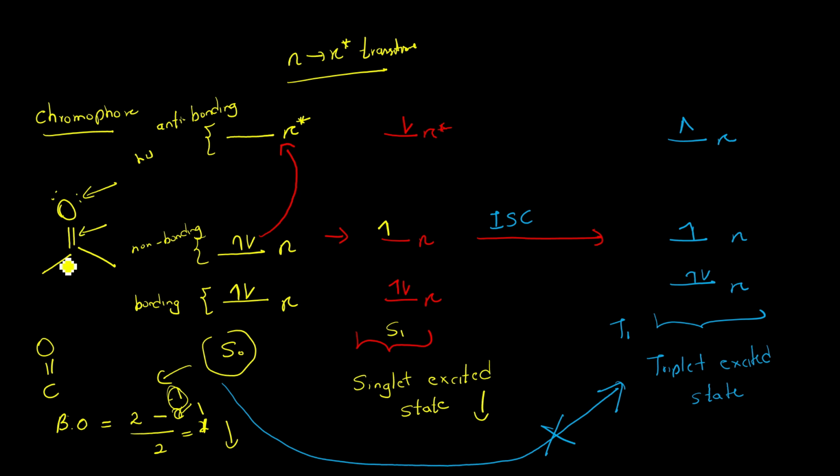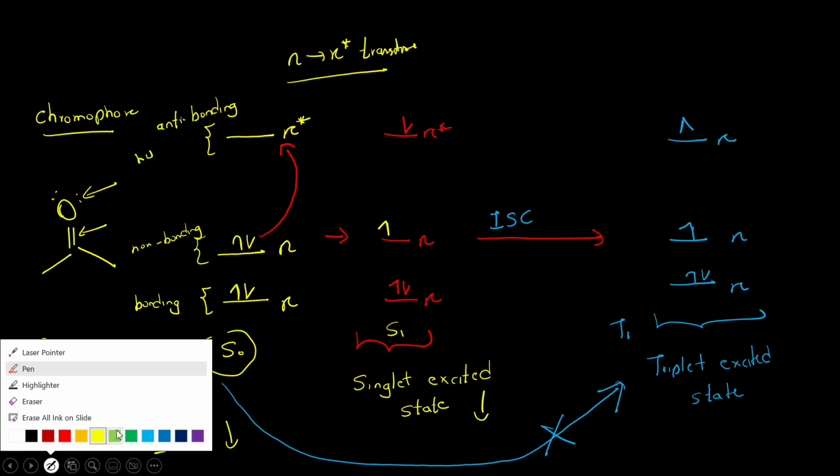So in this case, when we look at this carbon oxygen bond, the decreasing of this bond order means that our bond is going to be weak, since the antibonding pi star orbital is occupied, and our pi bond over here is going to be a little bit weakened.